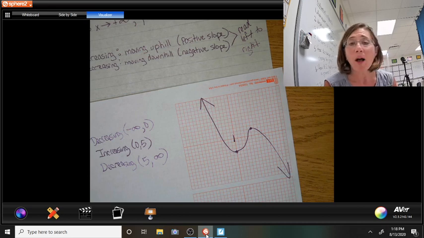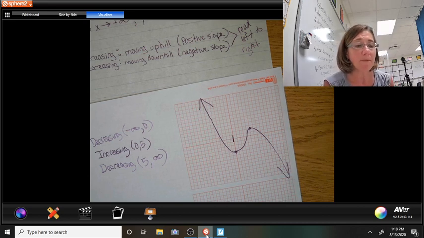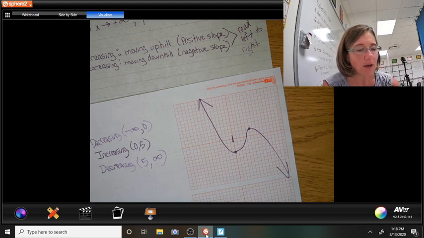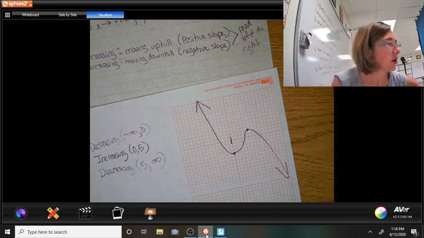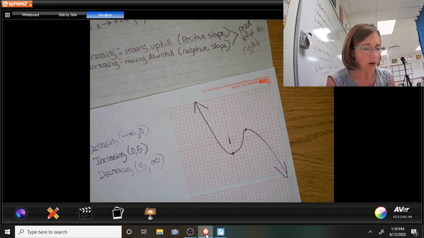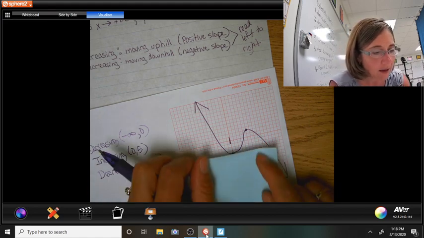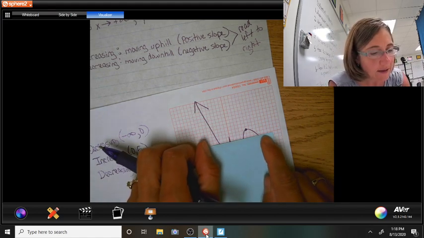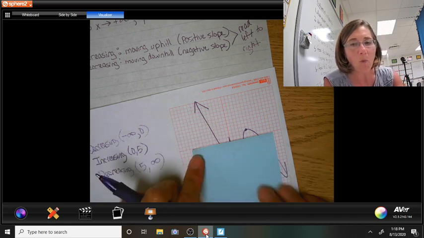You're also going to see positive and negative. Where is the function positive and where is the function negative? So that means you want to look at where it's at according to the x-axis. So we're going to pretend that this x-axis is like a water line.